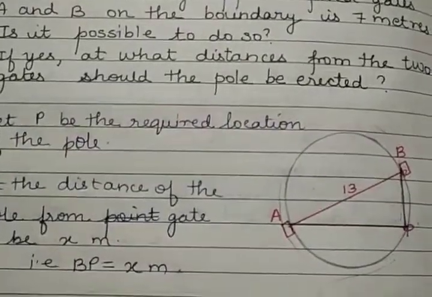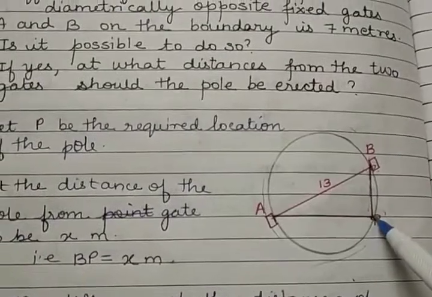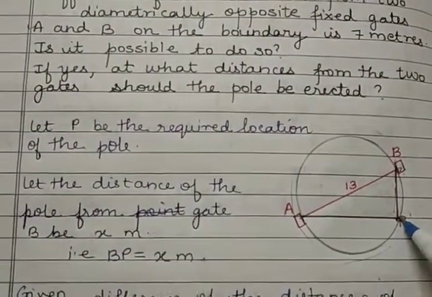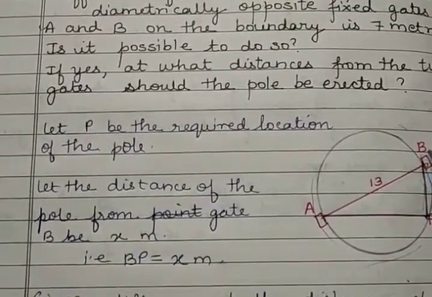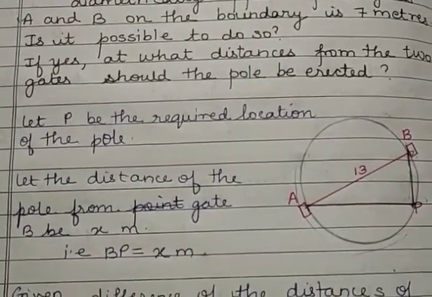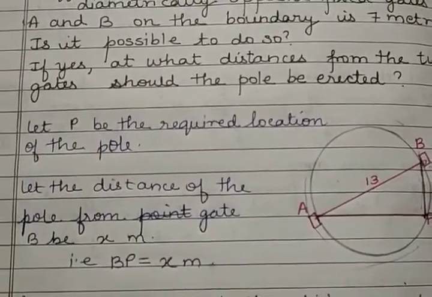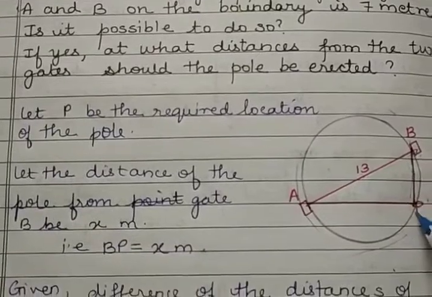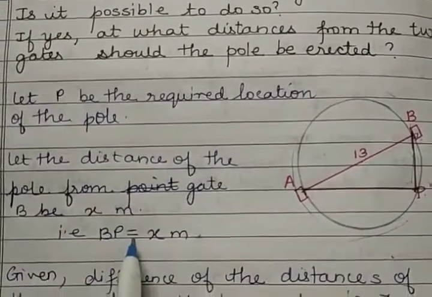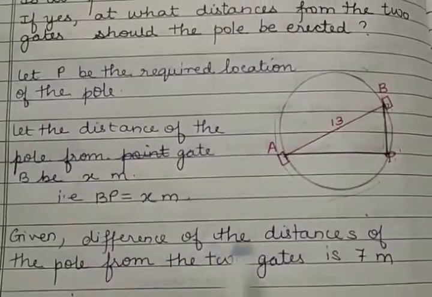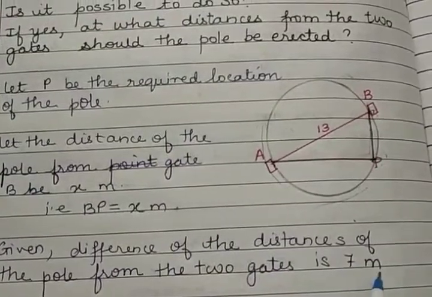So let us take P to be the required location of the pole. So let the pole be erected at the point P. And let the distance of the pole from the point B be x meters. That is BP is x meters. Now what is given to you? Difference of the distances of the pole from the two gates is 7 meters.